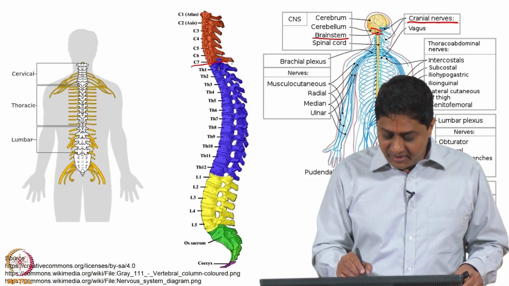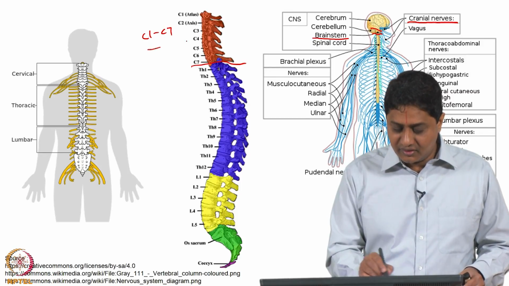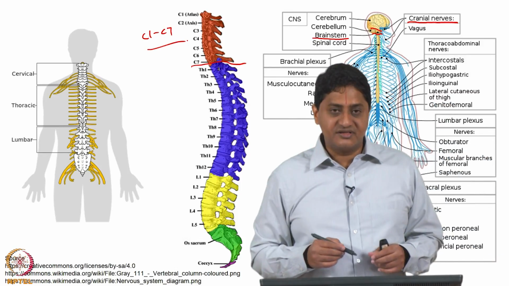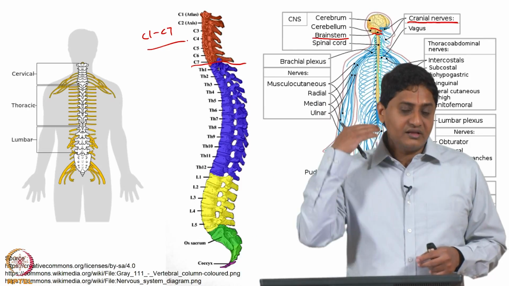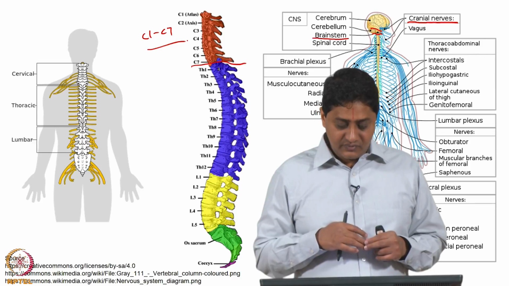Seven of these vertebra together, from C1 to C7, are called the cervical vertebra. These are located in the neck, C1 to C7.